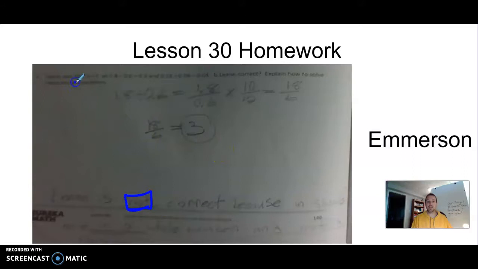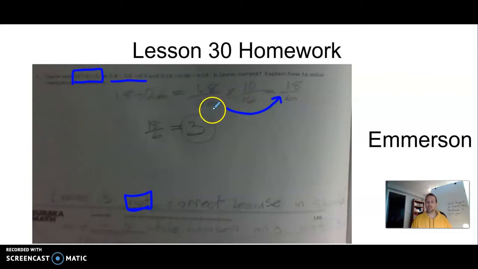She knew 18 divided by 6. That's a basic fact. That's 3. But then she went to this next one, 1 and 8/10 divided by 6/10. And she did the same steps as the video and our other work in the last couple days, turned it into a fraction, made an equivalent fraction by multiplying it by 10.